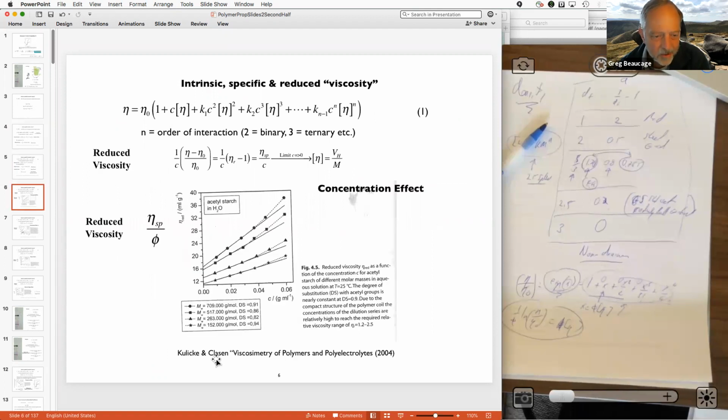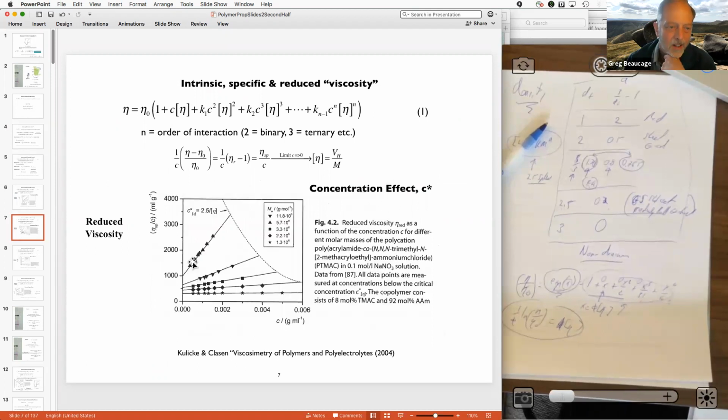But anyway, there's this other book by Clausen and Kulik, right? Most of these people have some relationship to Simha from Case, this intrinsic viscosity business. Anyway, this is just looking across different molecular weights and showing this point where there's that divergence. You can figure out what C star is.